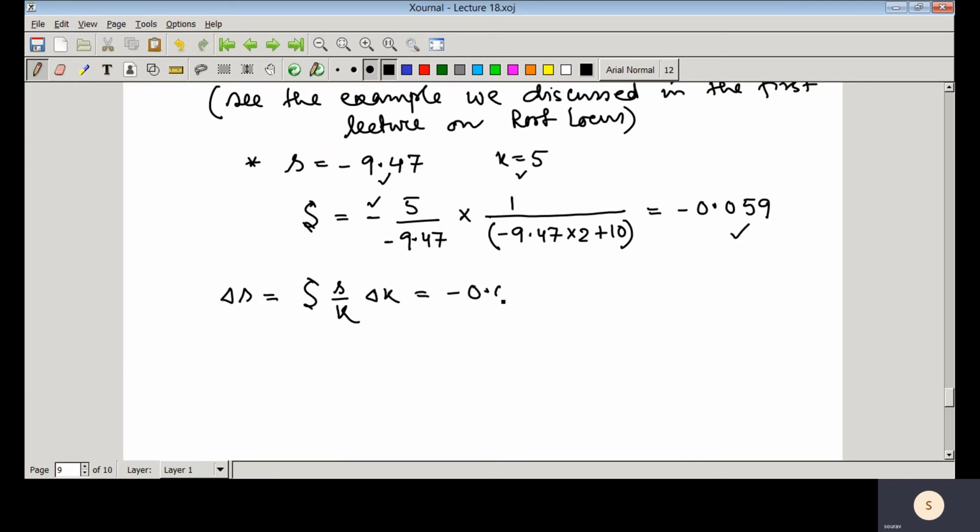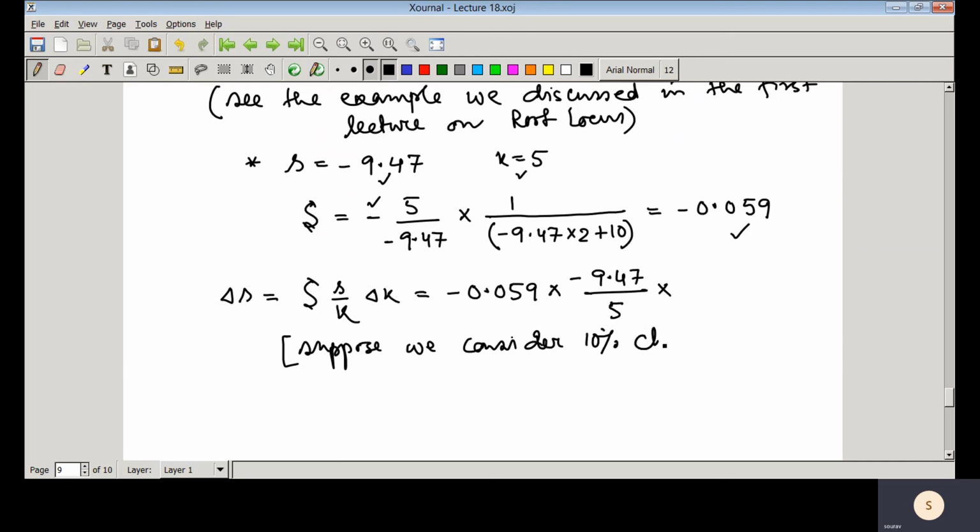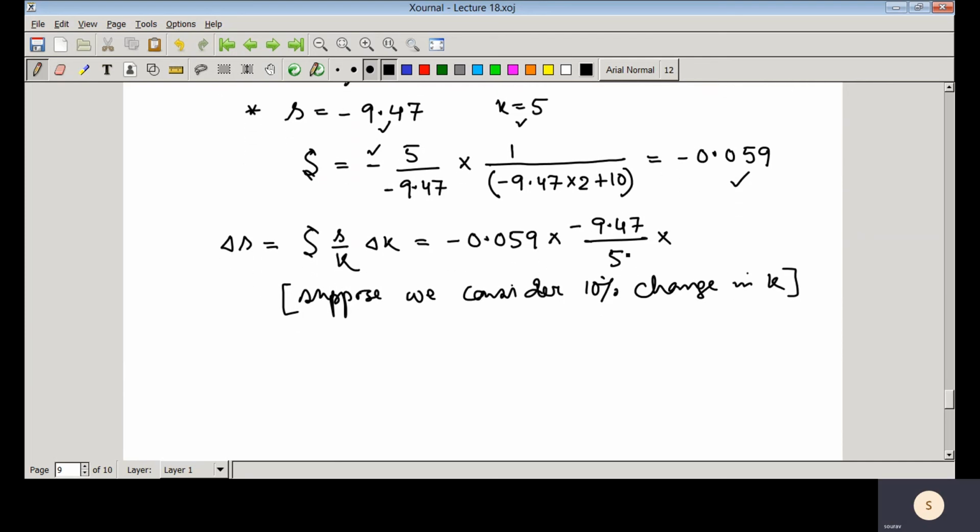So here we get that root sensitivity 0.59 into that pole at minus 9.47, K is 5, and delta K, suppose we consider a 10% change in K. 10% change in K means your K was 5, so if you take 10% change, that would be 0.5.